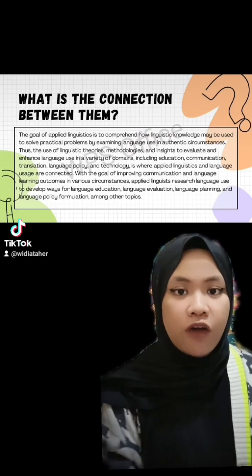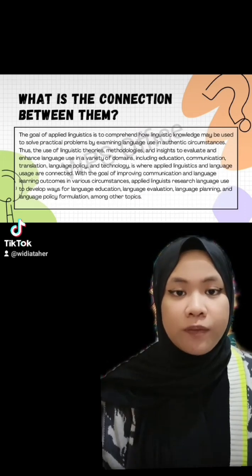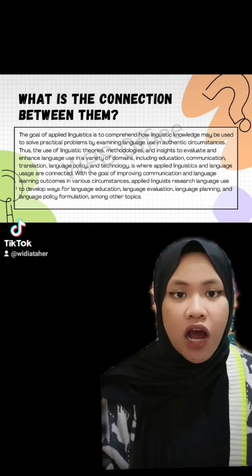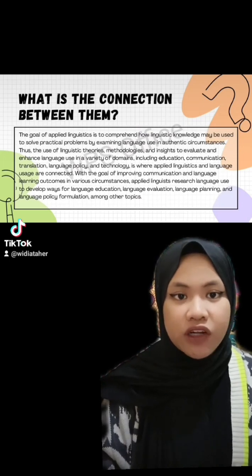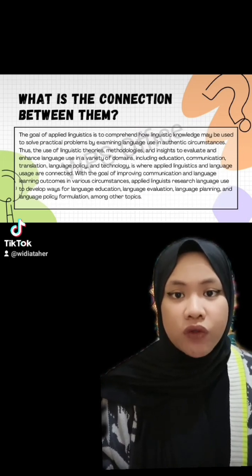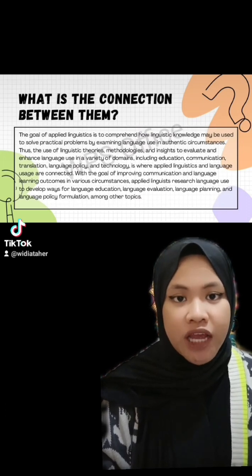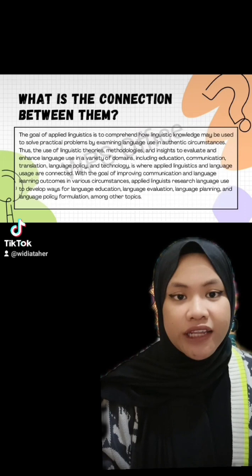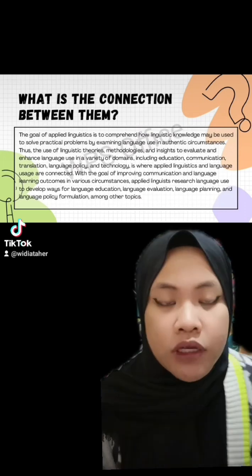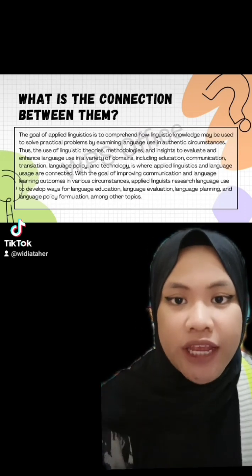The goal of applied linguistics is to show how linguistic knowledge may be used to solve particular problems by examining language use in authentic circumstances.